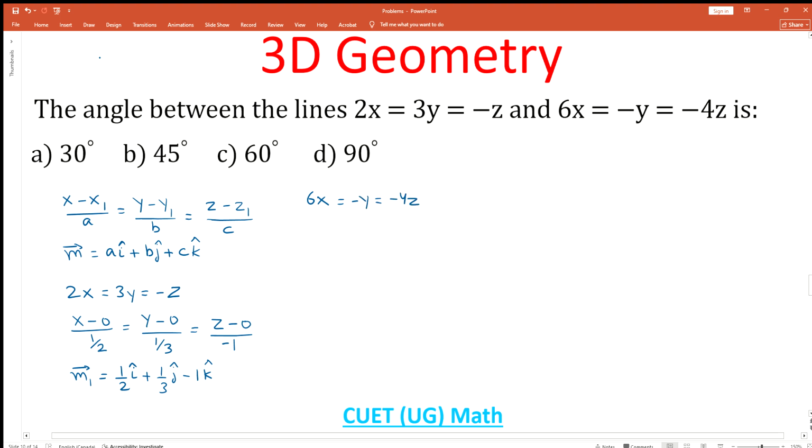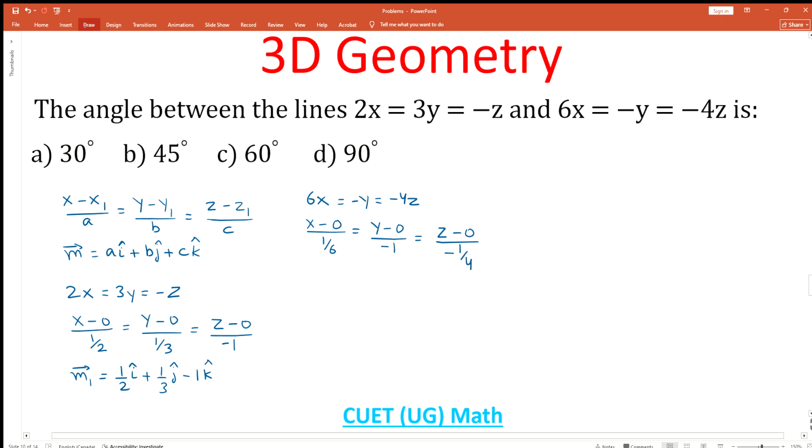We can write this equation in Cartesian form or symmetric form like this. We change 6 to 1 over 6 in the denominator. And we change negative 4 to negative 1 over 4.